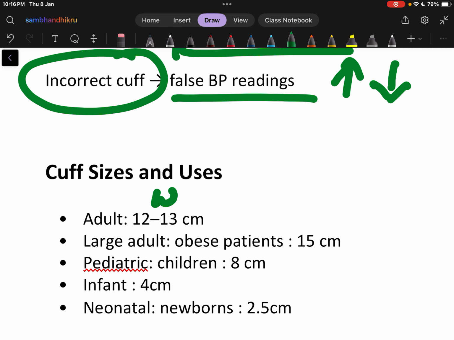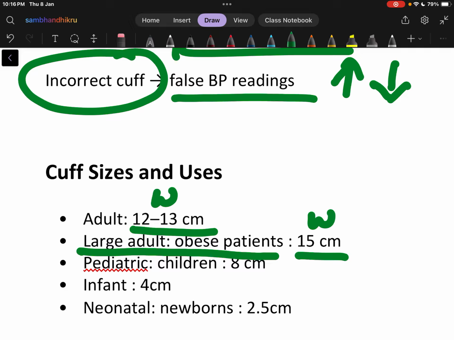An adult person will have 12 to 13 centimeters, whereas a large adult, or you can say an obese patient, will have a 15 centimeter cuff width. Okay, width of the cuff size. Pediatric or children should be 8 centimeters. Infant should be 4 centimeters. Very importantly, infant means 28 days. I am sorry for this.